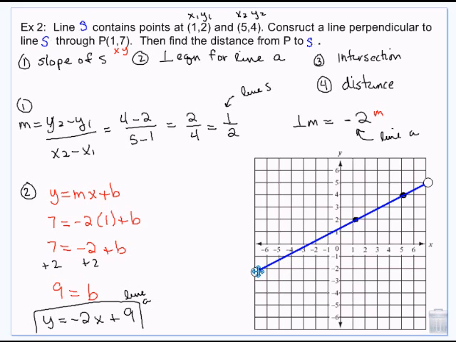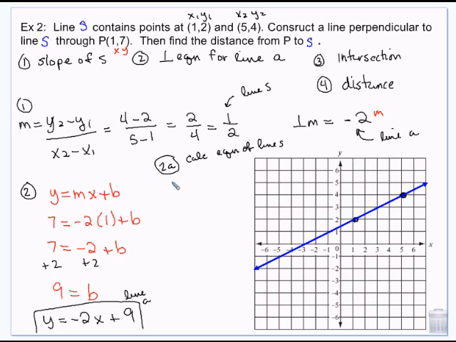Because, see, now I don't know, is my intercept 1.5? So I'm going to go ahead and calculate it real quickly. So this is going to be 2a, and I'm going to calculate the equation of line S, just because I don't trust my picture, because I reduced that graph.